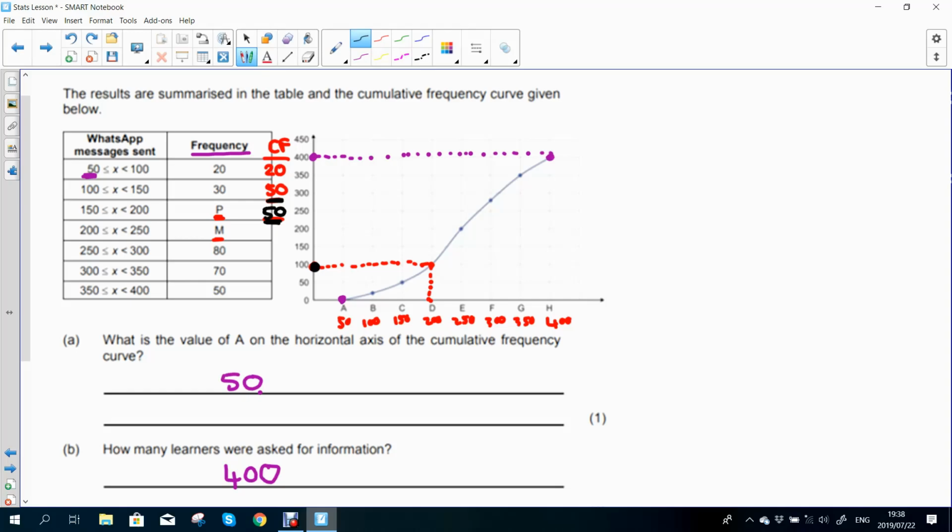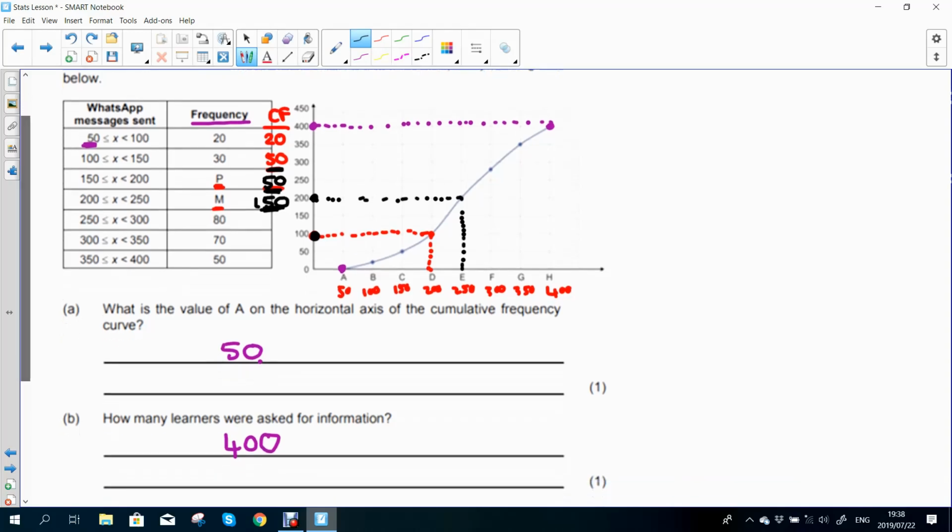Now the next one is at 250. Let's go read this off. The differences in my cumulative frequency is equal to my frequency. So there I get 200. So 50 plus something, guys, 50 plus something must give me 200, which means this must be 150. I hope that makes sense.